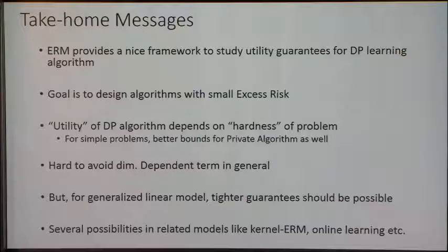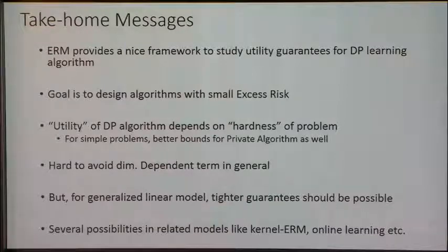Okay, so let me now just summarize the entire talk. Empirical risk minimization is a very nice framework to study generalization error of several algorithms, and because it gives a very crisp notion of how good an algorithm is, it's easy to understand or study differentially private algorithms also in this same framework.